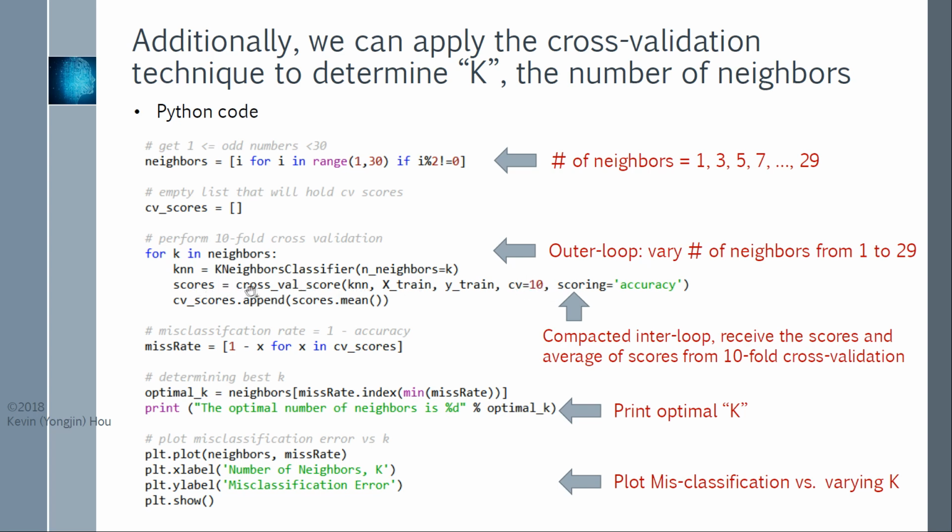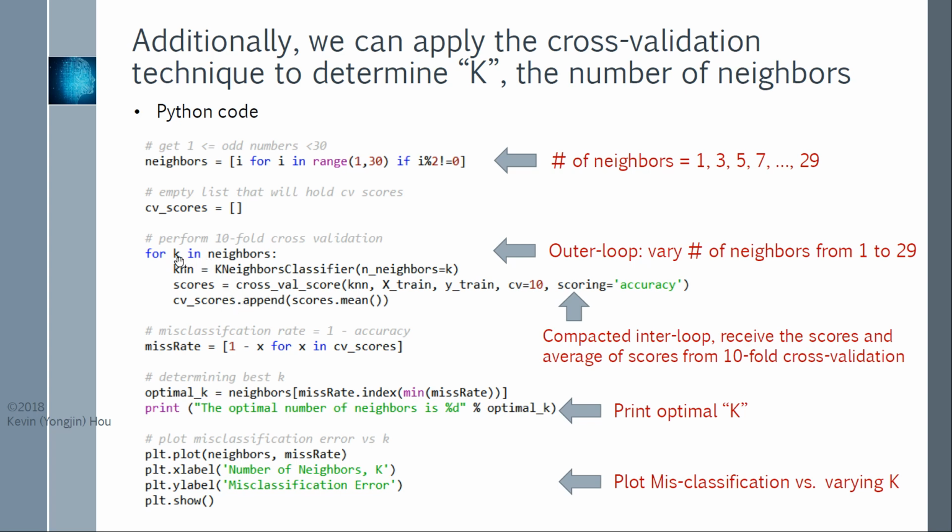Even though it's just one line of code, internally Scikit-learn will rotate the data, actually creating 10 inner loops within each of the outer loop. Eventually, we score based on the accuracy, and the average accuracy score based on the tenfold rotation of cross-validation will be appended to the CV scores. Again, CV scores is initially an empty list.